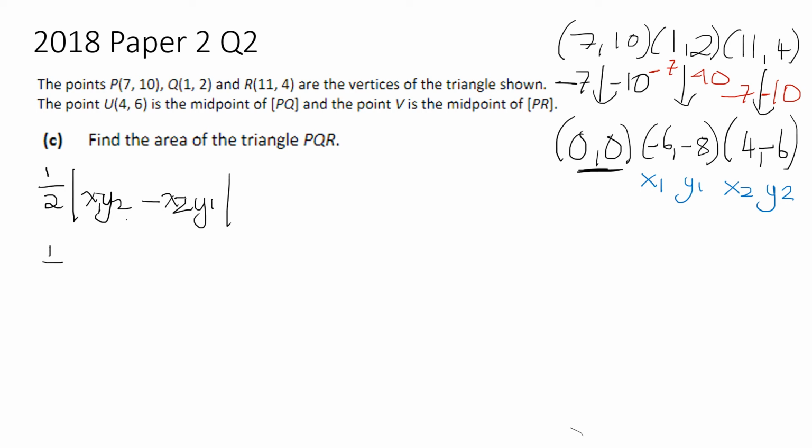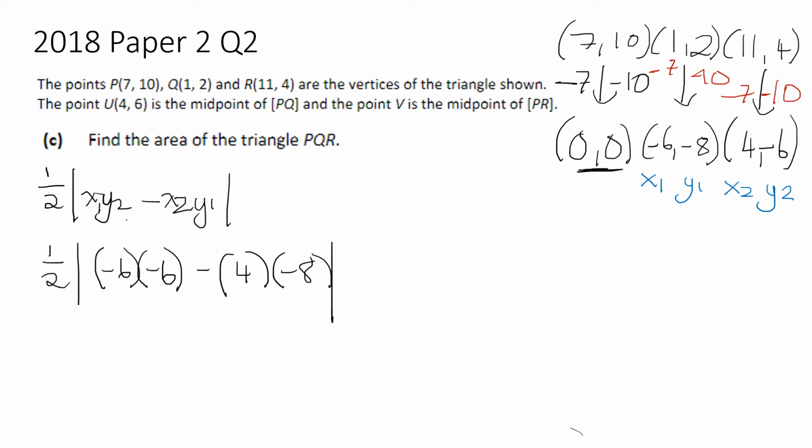So we have a half, and then we have x1, which is minus 6, multiplied by y2, which is minus 6. Then we have x2, which is 4, times y1, which is minus 8. At this point you can put all this into your calculator. Remember to include the brackets for multiplication. This gives you 36, and this gives you minus 32.